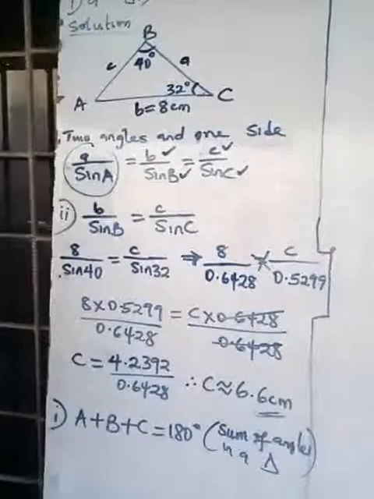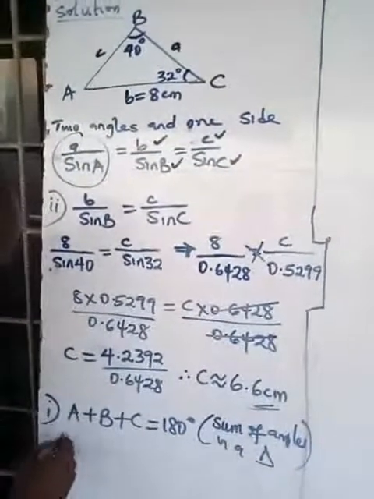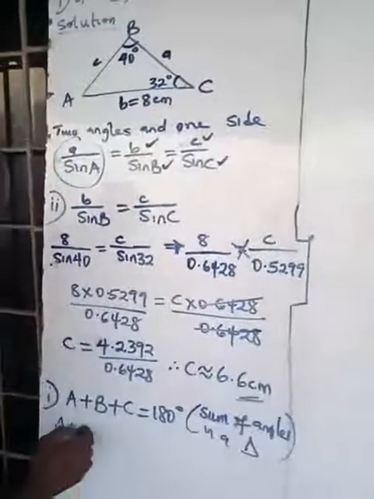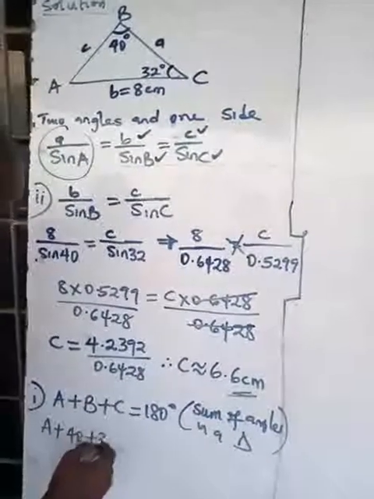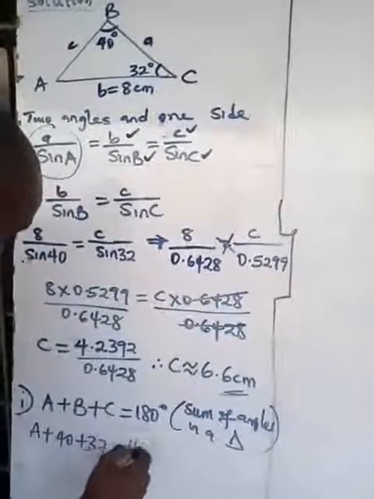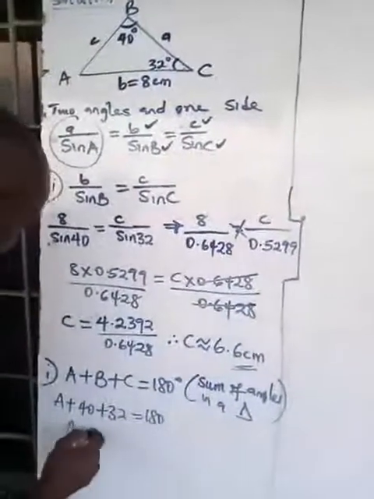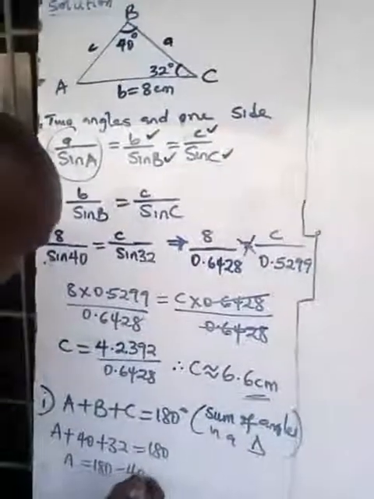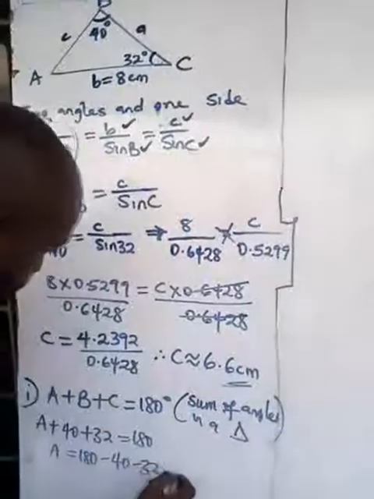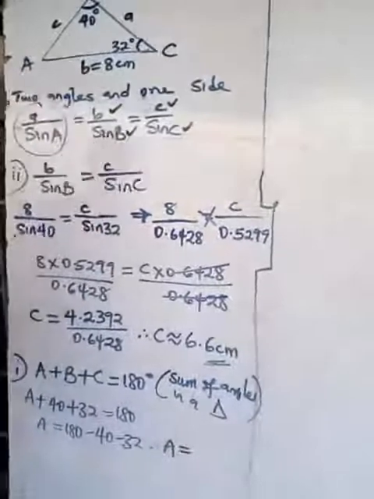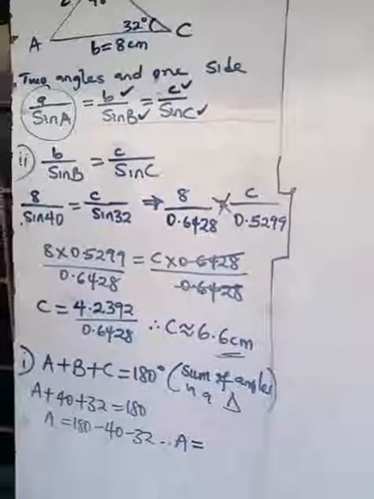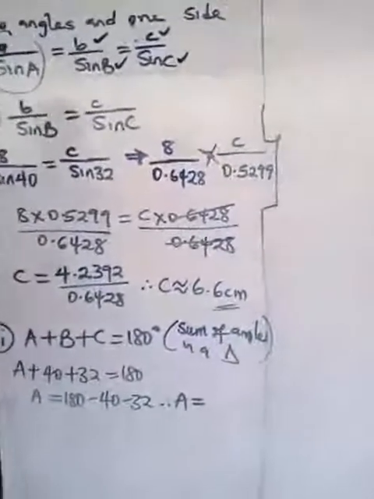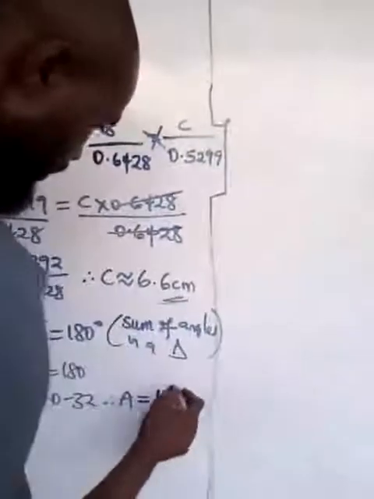So we have A plus angle B, that's 40, plus angle C, that's 32, is equals to 180. So A is equals to 180 minus 40 minus 32. If we subtract properly, that's 180 minus 72, so that's 108 degrees.